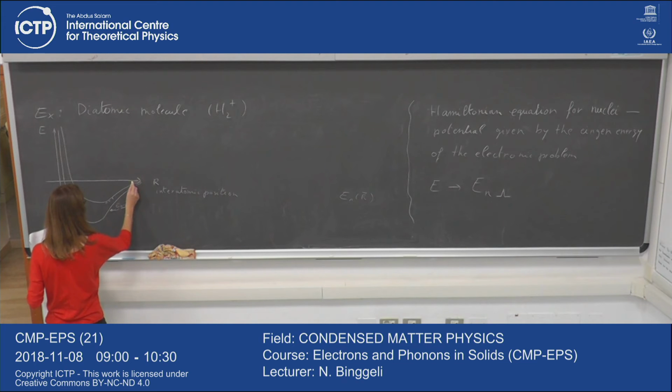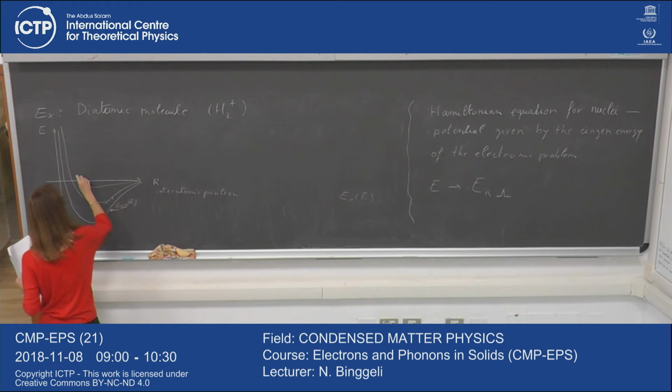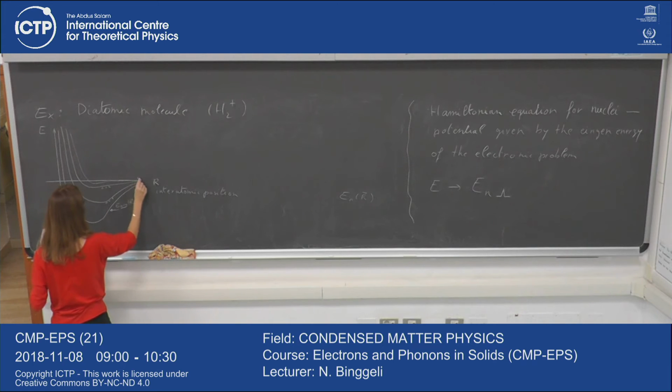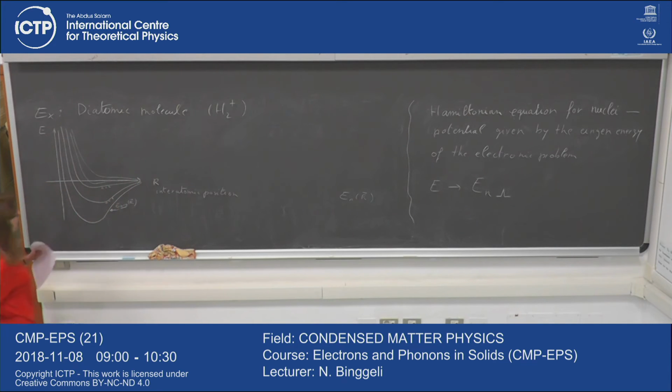And so on. I will have some other state, n equal 2, and n equal 3, and so on. These are the eigenstates of the electronic problem at the given position of the 2 nuclei.